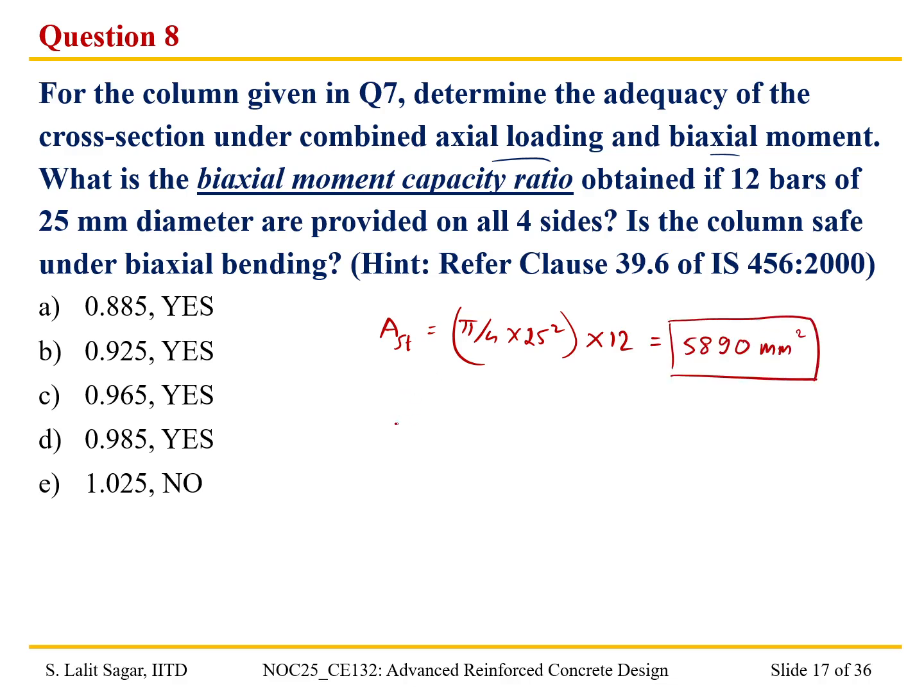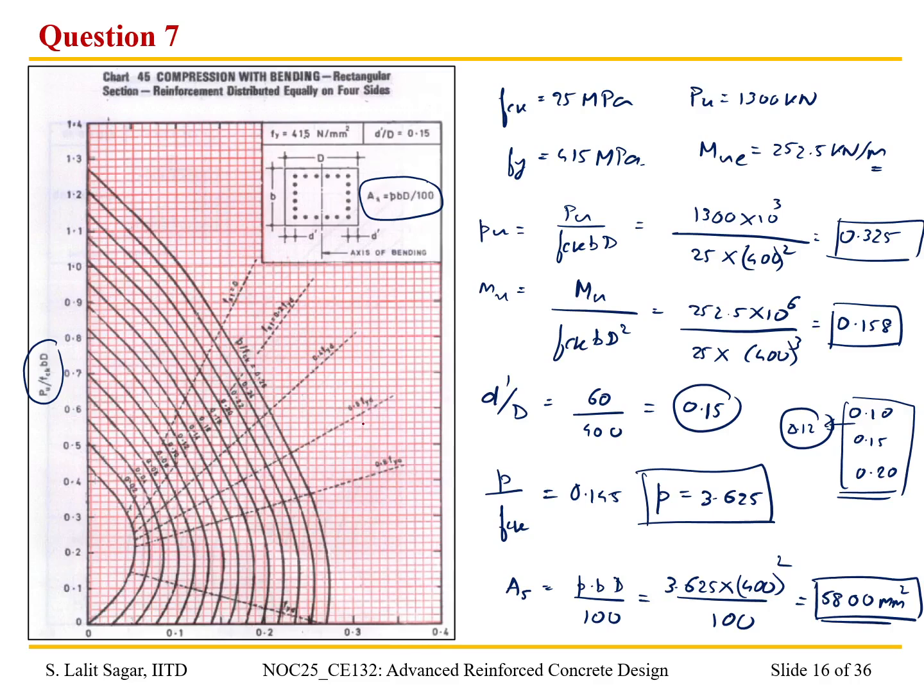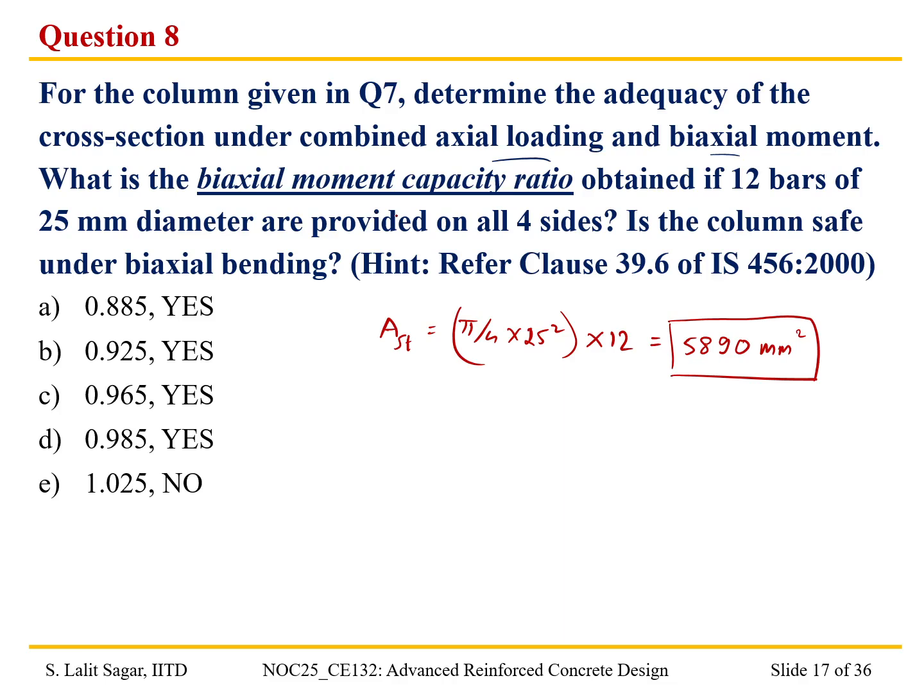Okay, and what is the p value over here? P is given by rearranging the terms: P is equal to As by BD multiplied by 100. That is 5890 divided by 400 square multiplied by 100.